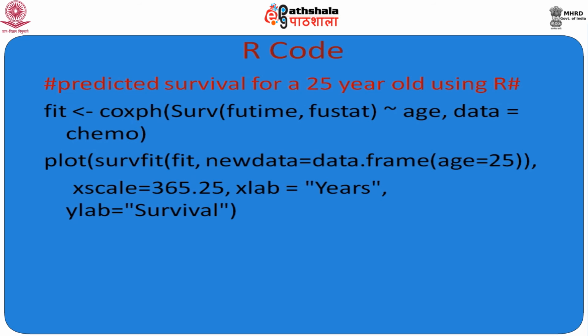But if in place of age 25 you also included other factors like sex equals 1, PS equals 1 or 2, then we would get predictions for those specific conditions. That is the beauty of applying coxph in combination with the survfit function.